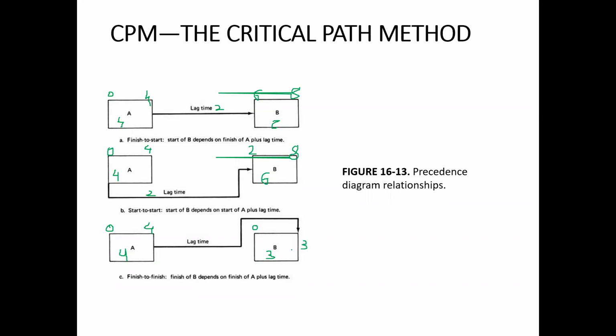But on the other hand, activity B should also wait for the finish of activity A. Activity A finishes at 4, so activity B cannot finish before 4. So in this case, you will take 4 days as over here. And accordingly, activity B will start at 1 day only.